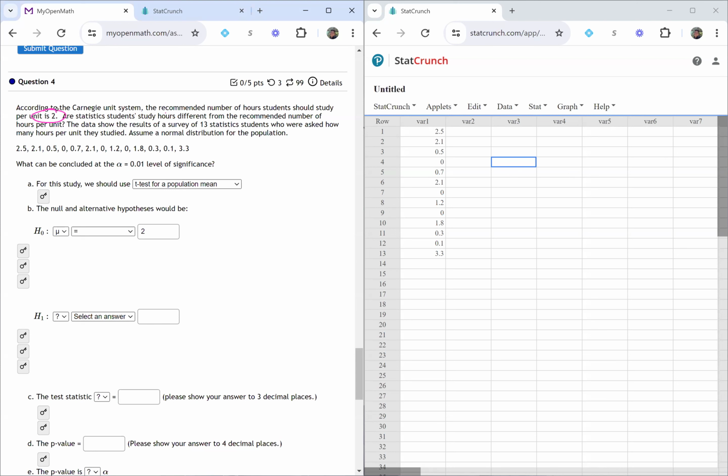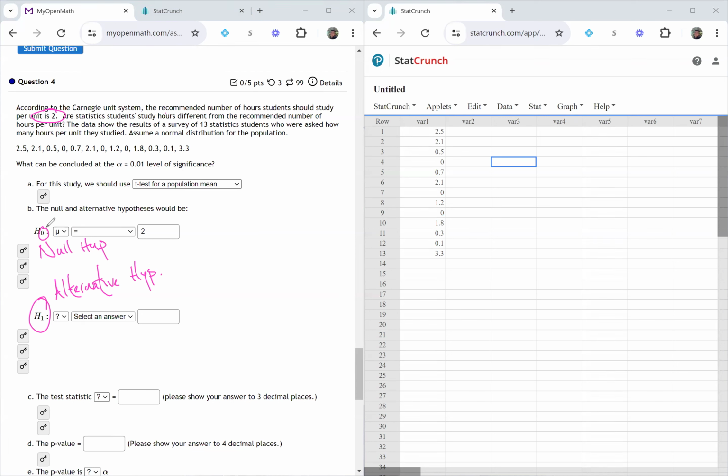Now, H1, this one over here, is our alternative hypothesis. This one up here is our null hypothesis. Null is that little 0 there, and the H sub 1 is our alternative hypothesis.